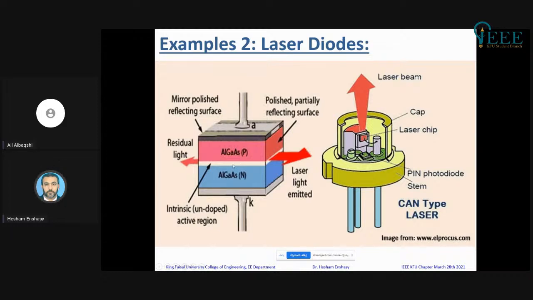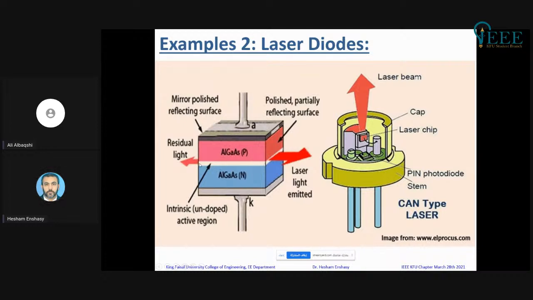Photonic designers design it to make light come out of it. This diode will be put in a can type package, or different types of packages, but this is a can type package that they put the laser in, and these are the electrical connections for this laser type. So this is basically a bulk type laser.